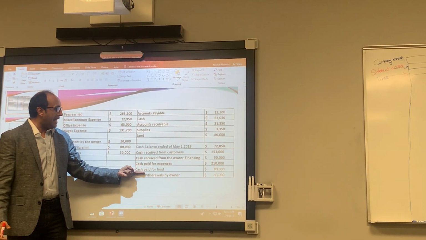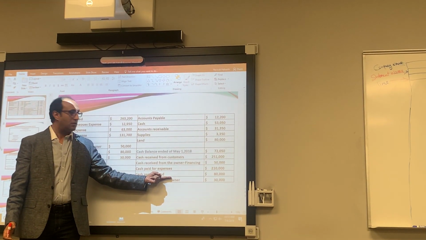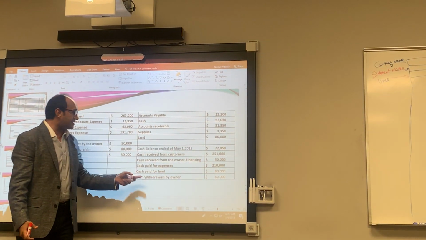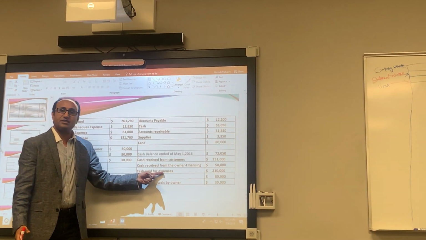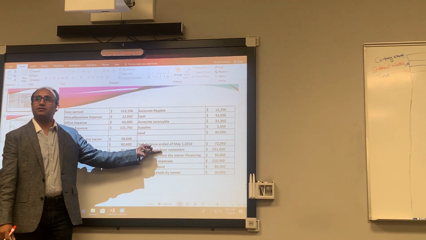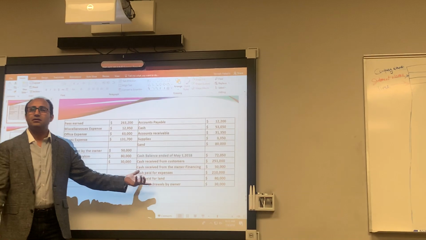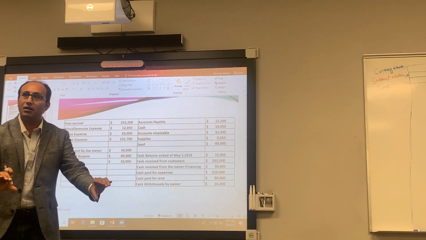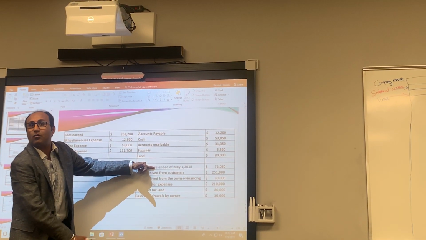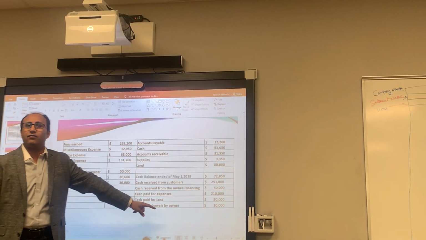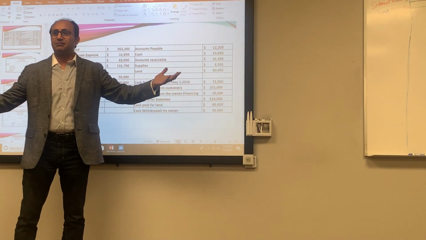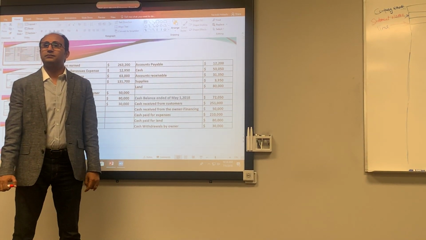Use land under investing. Use financing received from the owner under financing. And subtract cash paid for expenses from the cash received from customers under operating activities. It's easy. And the total, the number for the cash flow, must equal the cash number in the balance sheet. That's it here. Okay, got it?